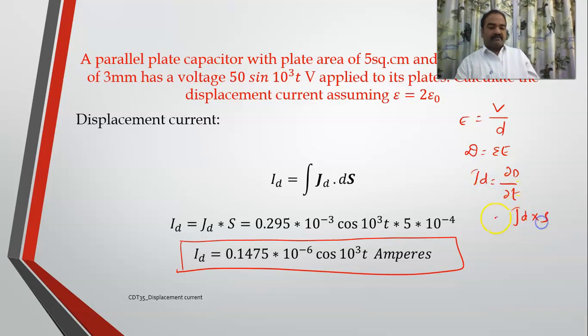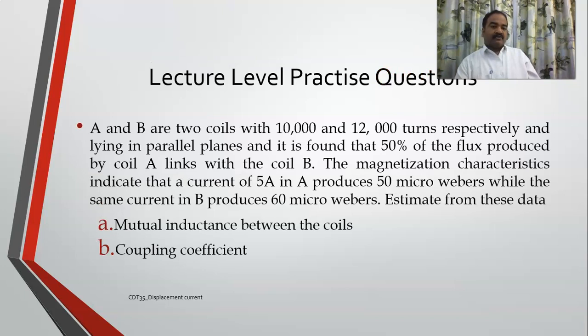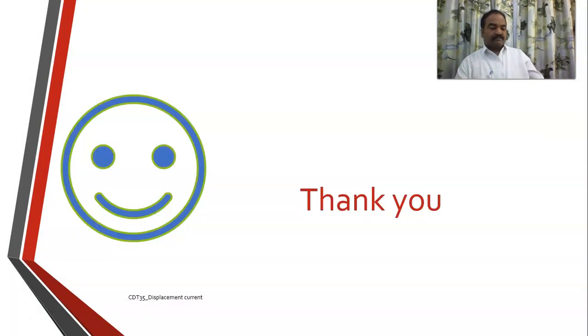JD into S becomes ID. So you can go stepwise, or do the entire equation directly in a simple way. Done. I hope you are now able to determine the displacement current, and try to solve this particular problem in the class. Okay, thank you.